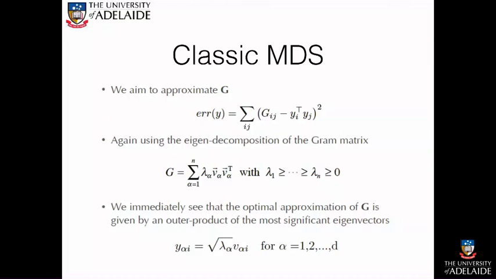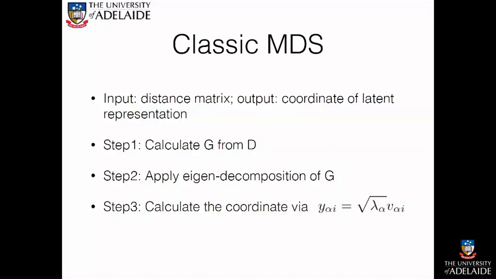I might skip the mathematics here, but pretty much the optimization mainly involves eigen decomposition again. As I said, it's a generalization of the PCA. So you calculate the distance matrix, and the output is the coordinates of the latent representation, of the lower dimension space.